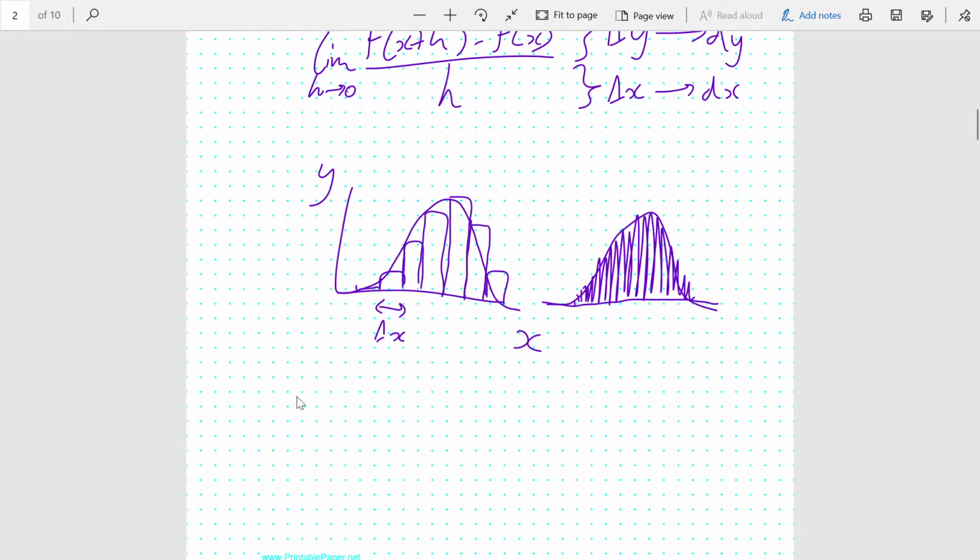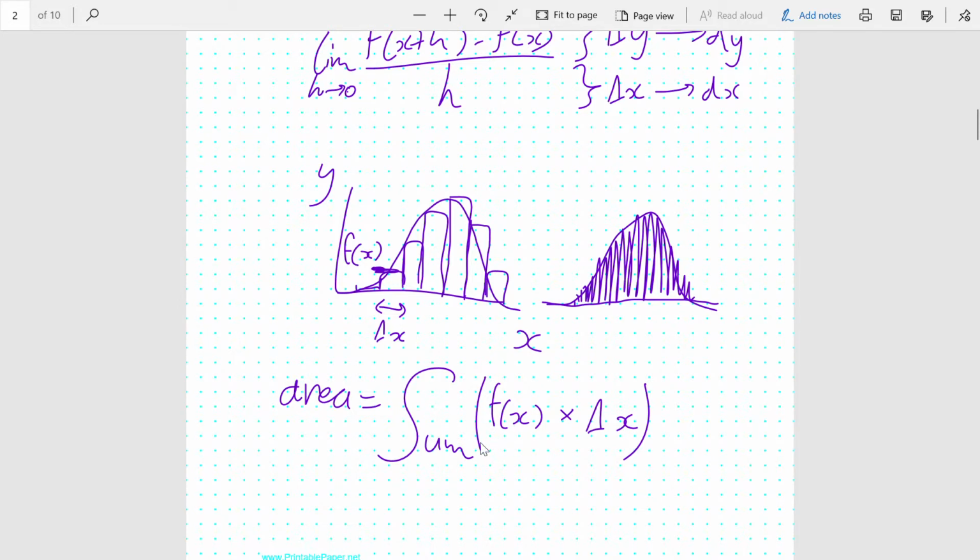So the area would be the sum of, at any point here, this would be our f(x), and then multiplied by delta x.